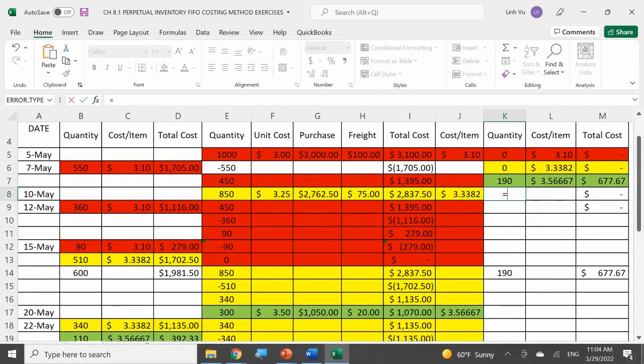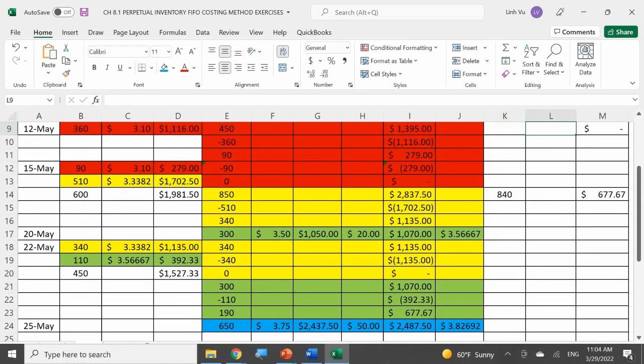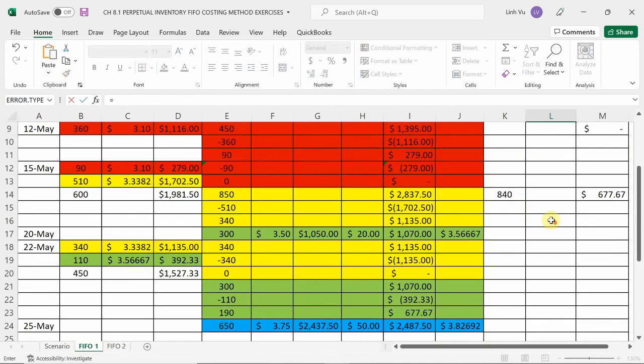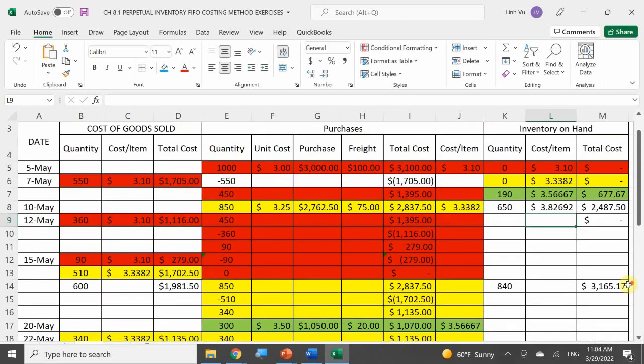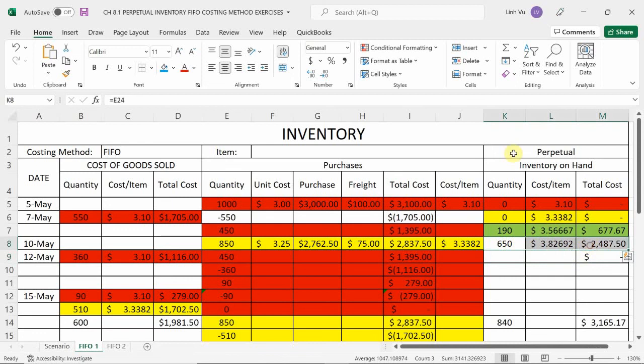I have a total of 650 units at a total cost per item of $3.82692, which is going to give me my total cost of $2,487.50. So now I have a total of 840 units left available to sell.